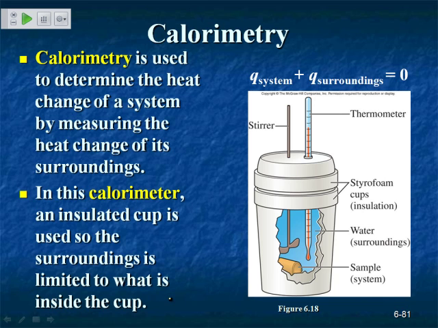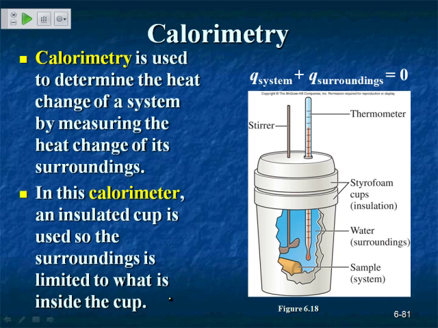Now, this is a coffee cup calorimeter which you would do in the lab. In the coffee cup calorimeter, you use the insulated coffee cups, put water in it, and then here we are talking about this metal sample which is called our system.